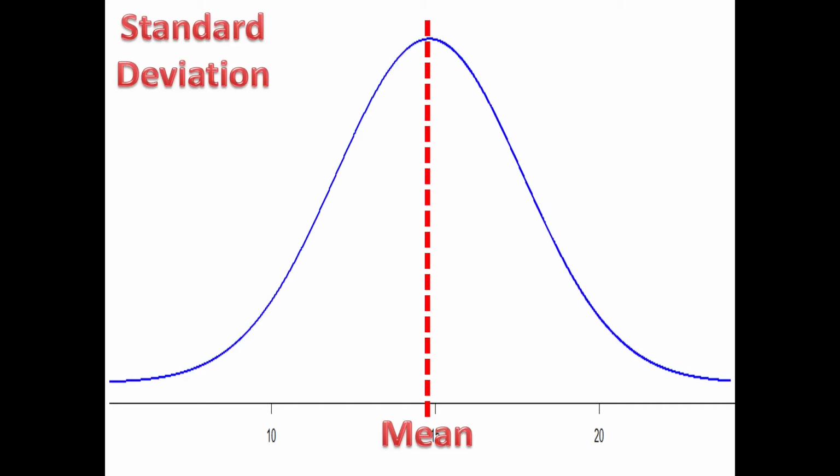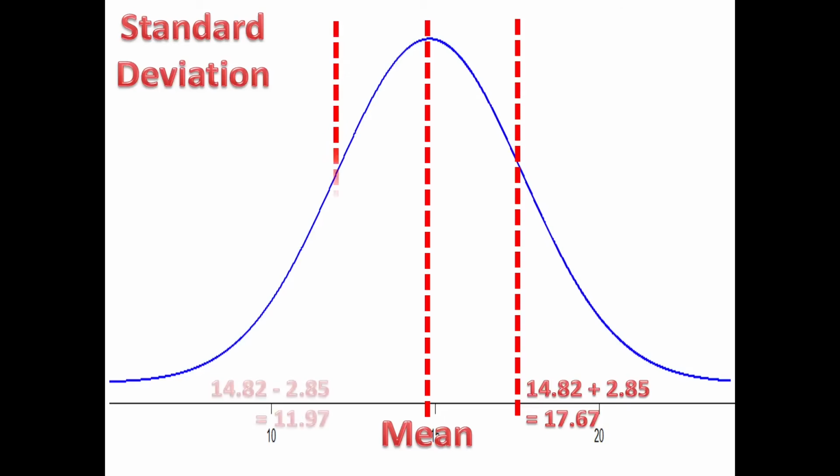In this example, our standard deviation is 2.85. This means that one standard deviation above the mean will be 14.82 plus 2.85, or 17.67. And one standard deviation below the mean will be 14.82 minus 2.85, or 11.97.